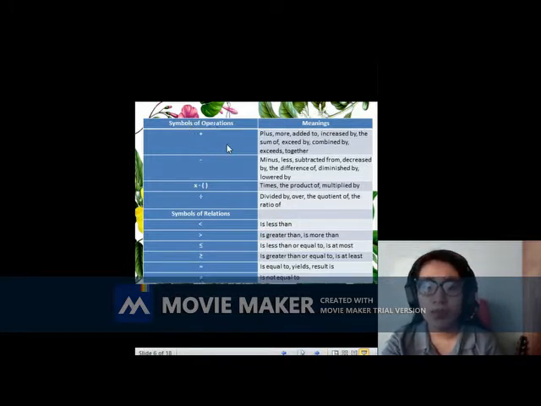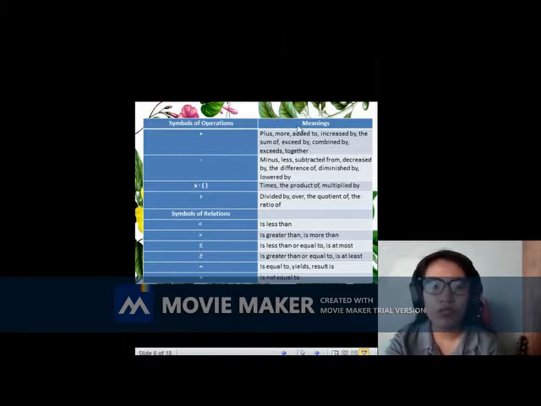And the terms being used are on the right side. It is plus, more, added to, increase by, the sum of, exceed by, combined by, exceeds, together. So when you hear those words, it means you need to add or write this symbol plus.